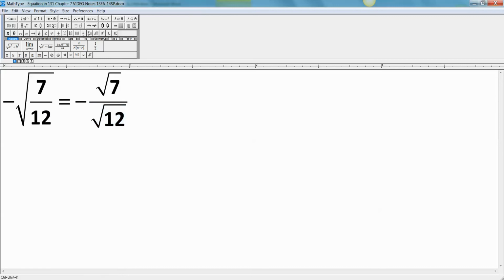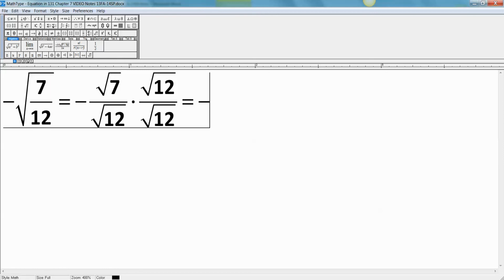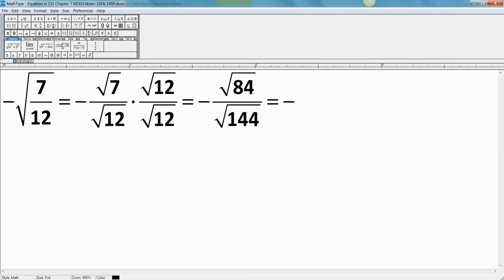Well, we could do this a couple ways. Like you could multiply by the square root of 12 over the square root of 12. But the problem with that is that you're going to end up with a very large number in your numerator. You're going to end up with 84, and then 84 has a perfect square. So let me just write it. It's the square root of 84 over the square root of 144, and then you've got to break it down. That's negative.